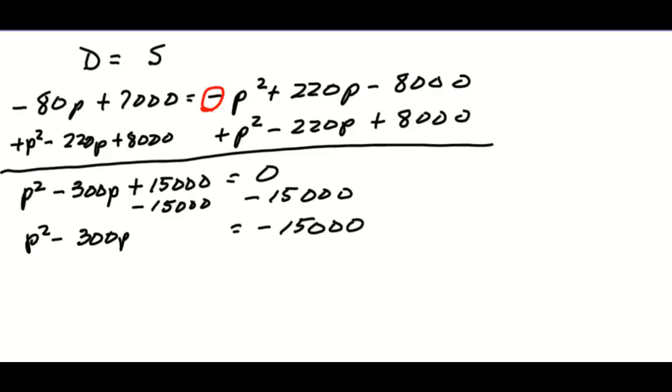Now what we go ahead and do is we say, what's half of 300? Well, half of that's 150. What if we square 150? What are we going to get? What we're going to get is 22,500. So we have to add that to both sides.